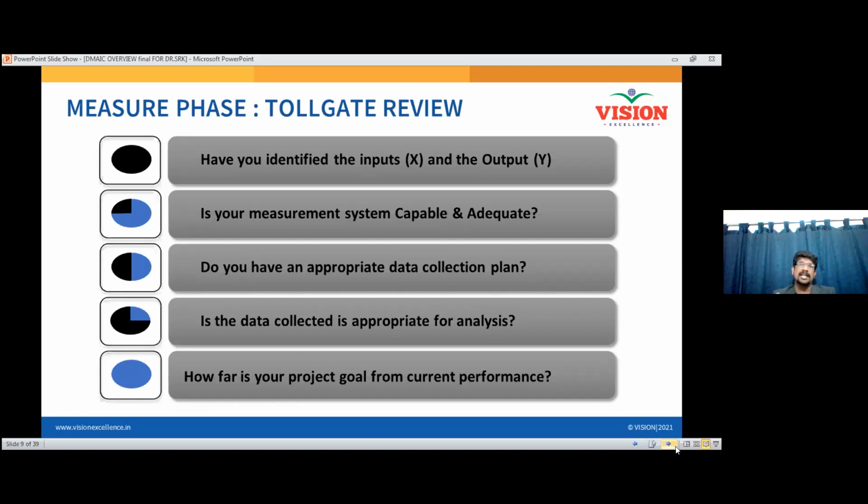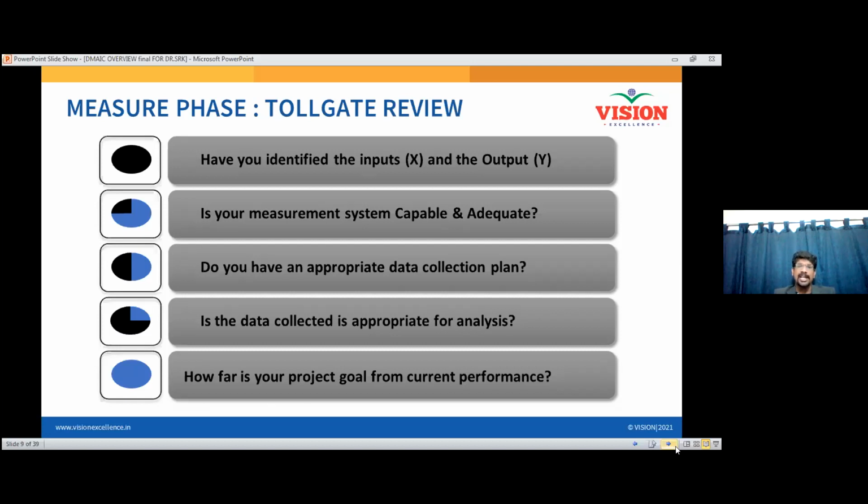But currently the cycle time for a particular assembly of the component is nearly 270 minutes. So now I know my target should be around 240, but my current performance is 270. So the gap is nearly 30 minutes. It is going to be around 10 to 15 percent lower than my current recorded performance.